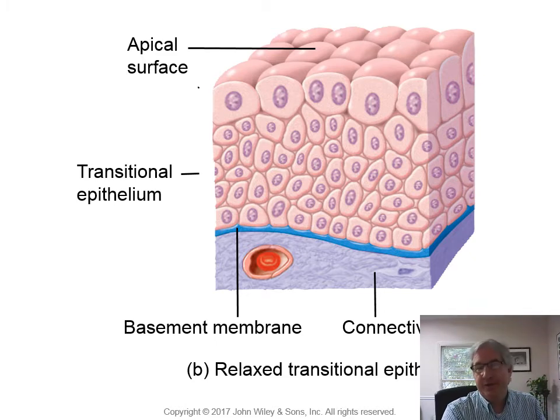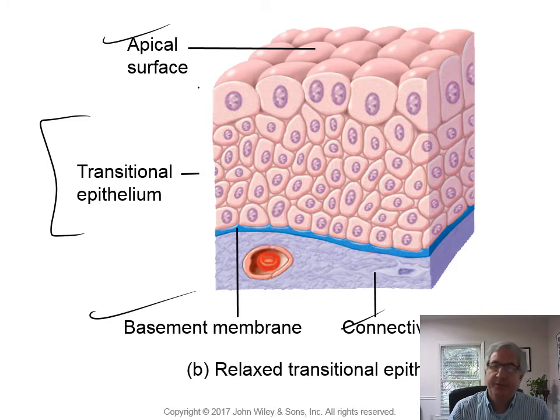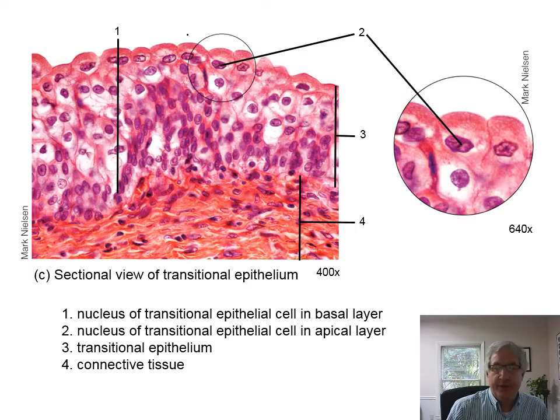Okay, so here is relaxed transitional epithelium. Here's the apical surface, and you can see it's all cuboidal cells. You have the basement membrane and connective tissue layer there. Next slide. Here's a photomicrograph of transitional epithelium, showing the transitional epithelium here, and this is the connective tissue.